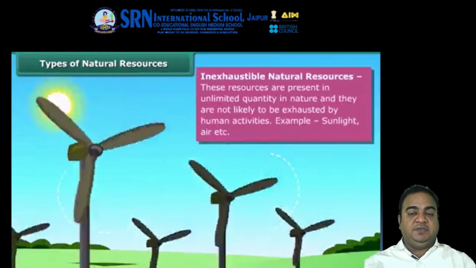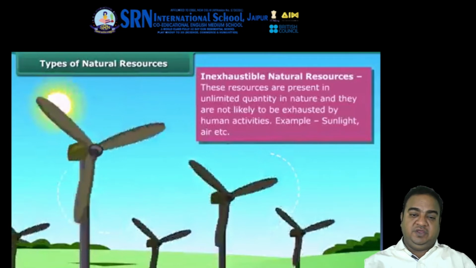You can see the picture of a windmill. The windmill works on the principle of wind, where the propelling energy of the windmill is converted into electrical energy. There are certain countries which are using wind energy in the best possible way, for example Holland. But India is also not less than any other country in utilizing these inexhaustible resources.